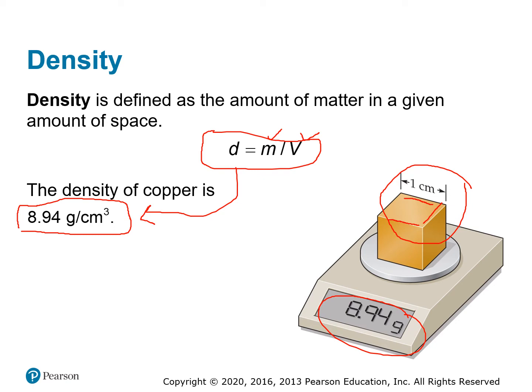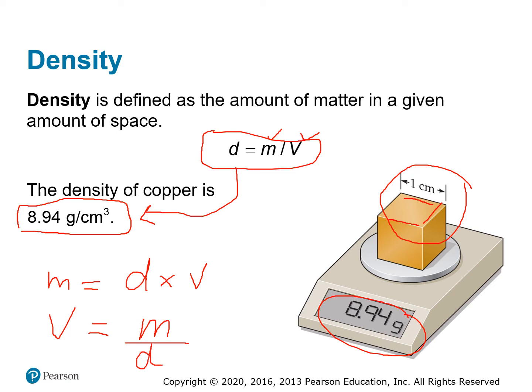In that case, mass will be equal to density times volume, right? Or you could be given mass and density and asked to find the volume. In that case, you need to rearrange, so the volume will be equal to mass divided by density.